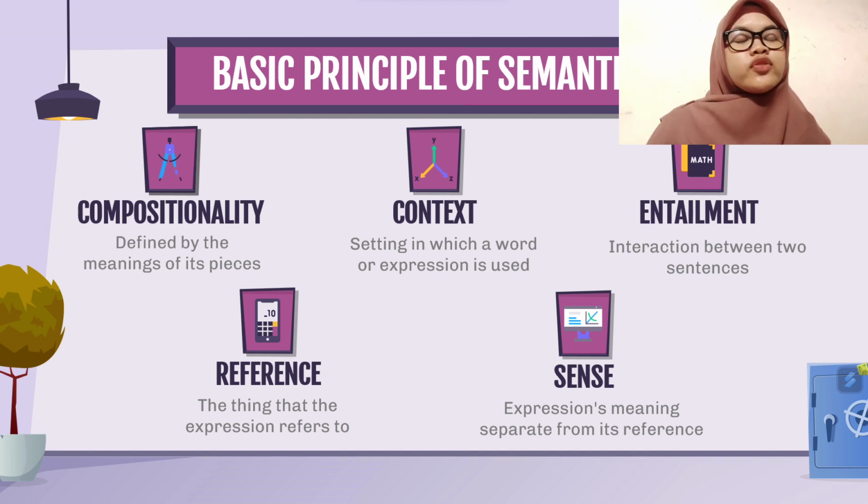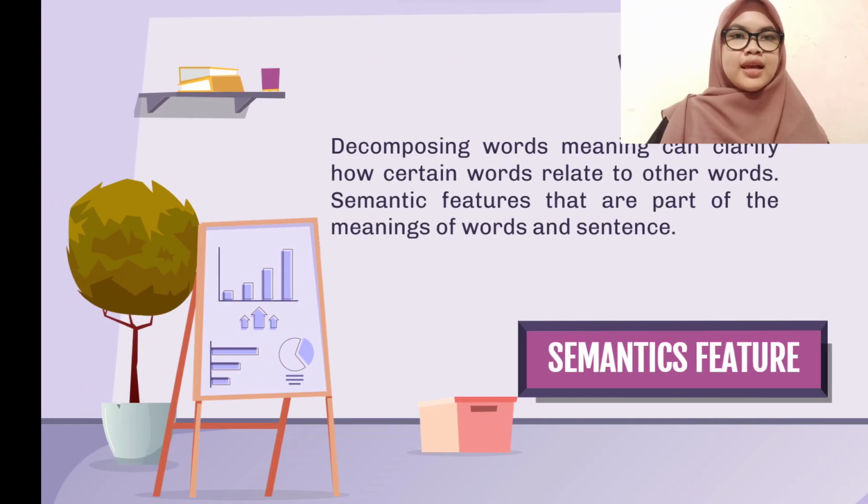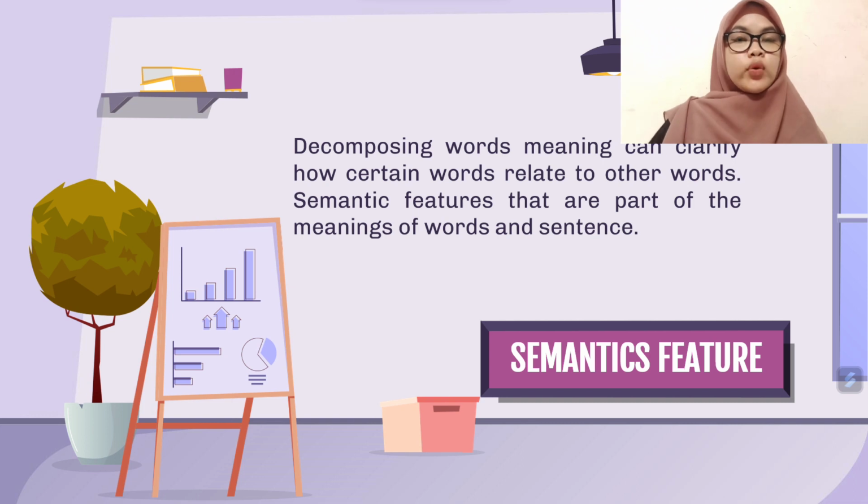Now let's move to the next slide, which is semantic features. Semantic feature is a word meaning decoding feature that can explain how certain words relate to other words. Semantic features are part of the meaning of words and sentences.